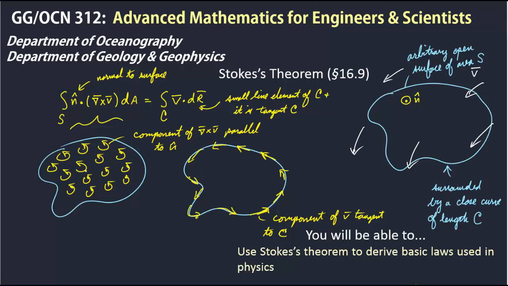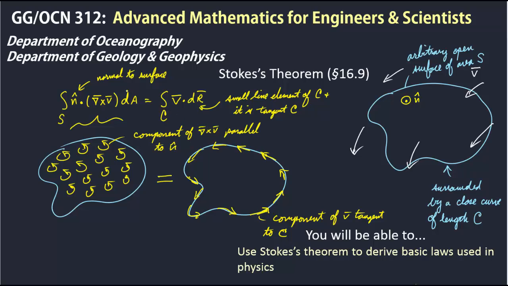And so Stokes' theorem states that if we integrate the component of the curl of V perpendicular to the surface, then that equals the net circulation of V around the edge of that surface. Okay, so those are two pictures to depict the left-hand side and the right-hand side of Stokes' theorem.